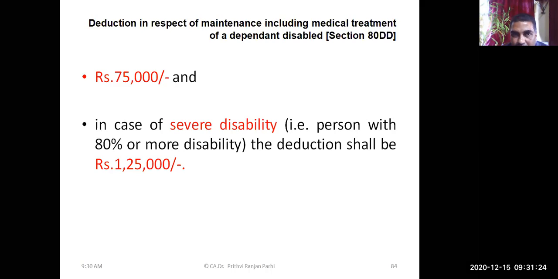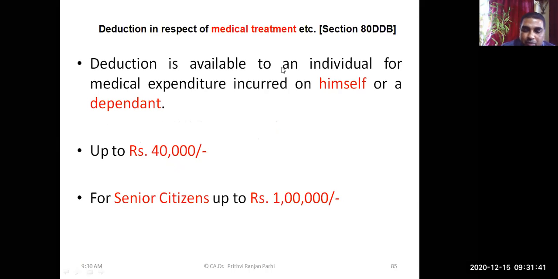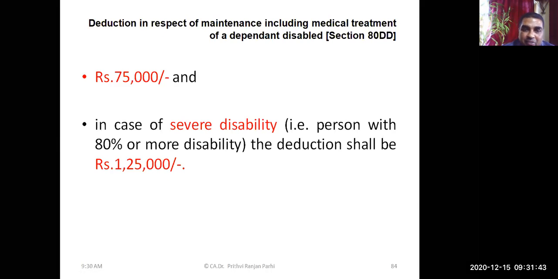If the assessee is spending some money for maintenance, including medical treatment of a dependent disabled person, or dependent disabled relatives, then up to 75,000, and in case of severe disability, up to 1,25,000 will be allowed as deduction. Is it clear to you? Yes, sir. Clear.